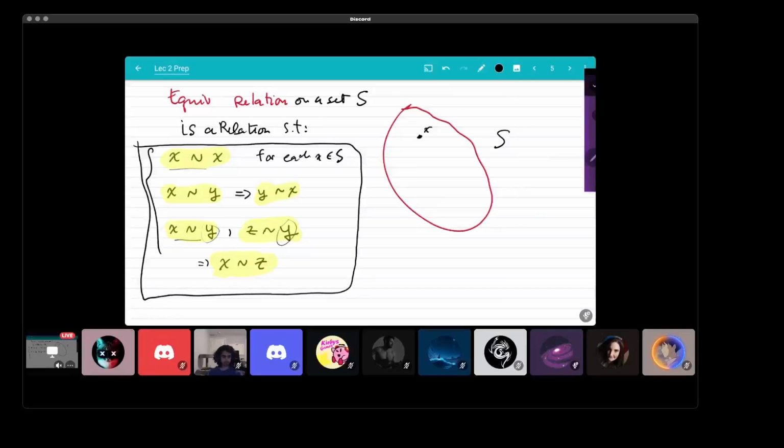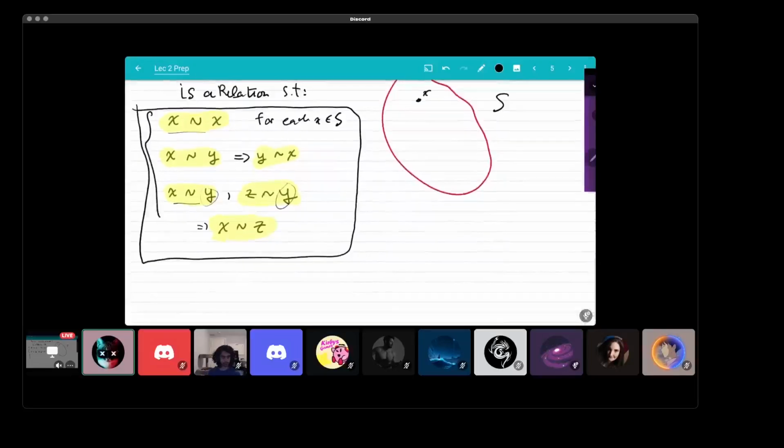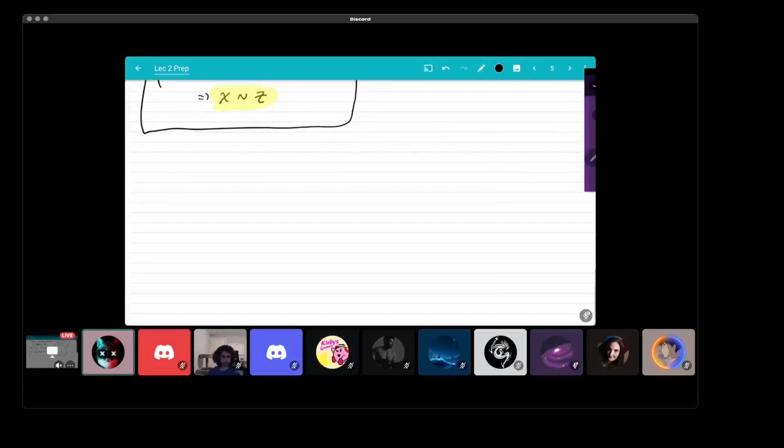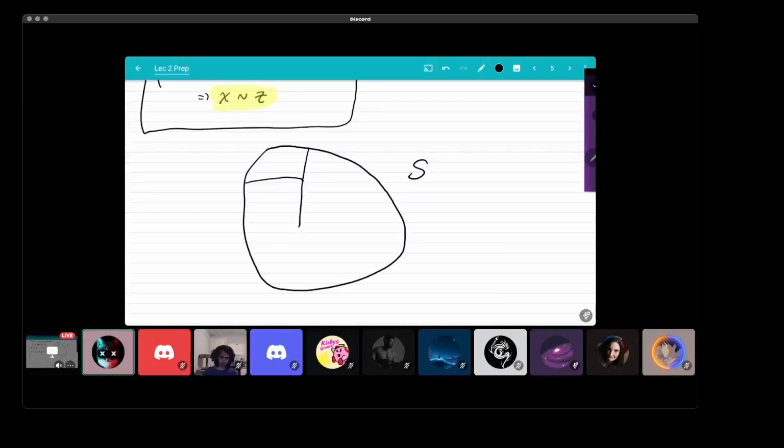So a way to construct an equivalence relation, well, this is an example of an equivalence relation, is we take a set and we have a partition that's already defined on the set.